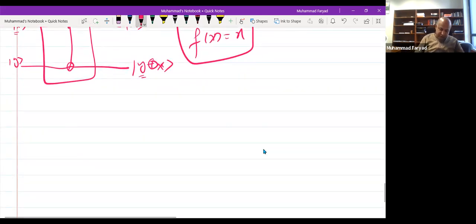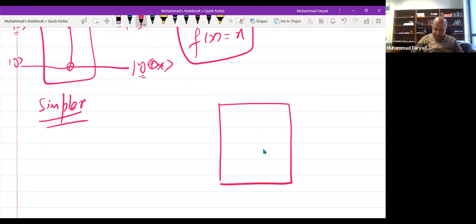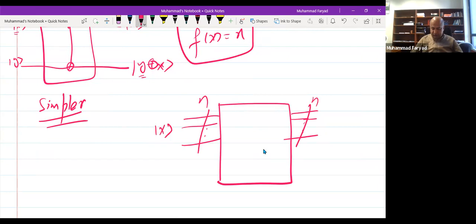So let's work with a simpler oracle. It has n inputs that go to n outputs. So this x goes here, and for the m input, there is actually only one, and that is tied to 0.